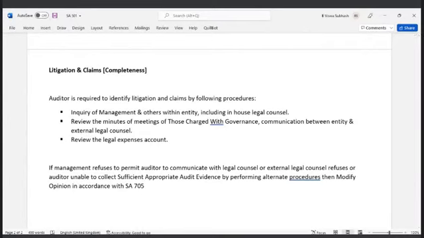Now, the most important aspect over there is the assertion called completeness. What does completeness mean? Whether all amounts that are required to be recorded are recorded or not.